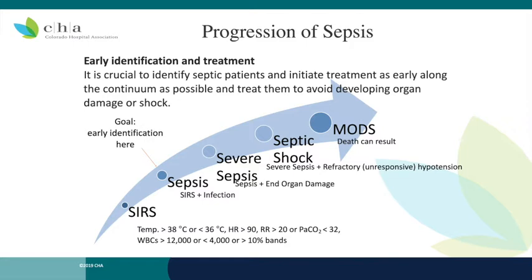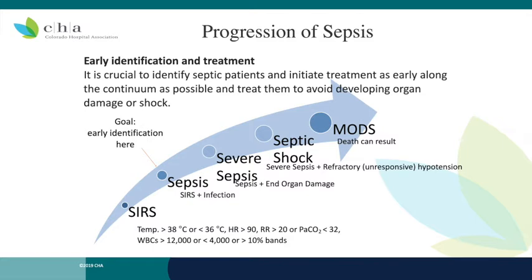We don't have a direct way of measuring PaCO2. However, we do have an indirect way, and that is our end-tidal CO2. So the end-tidal CO2 is typically 2 to 5 points less than the PaCO2. So if we have an end-tidal CO2 that's around 27, 28, they're right at that 32 mark potentially.